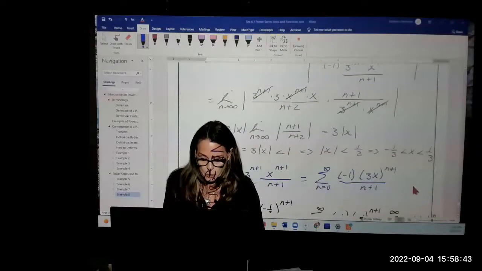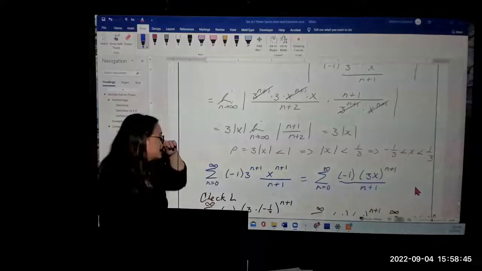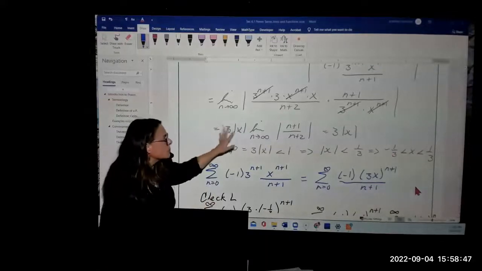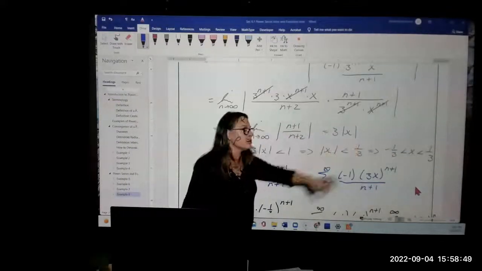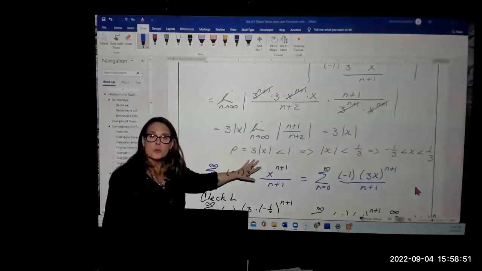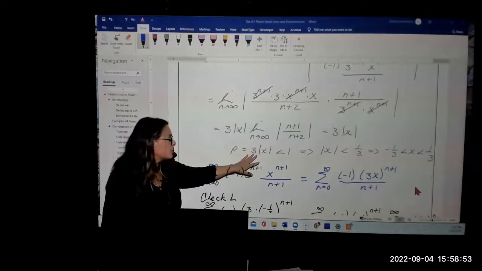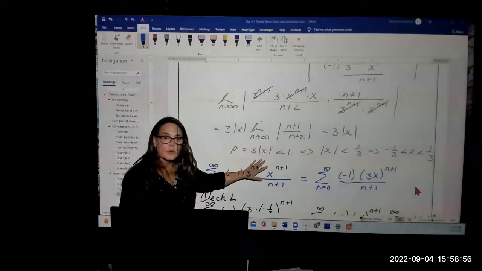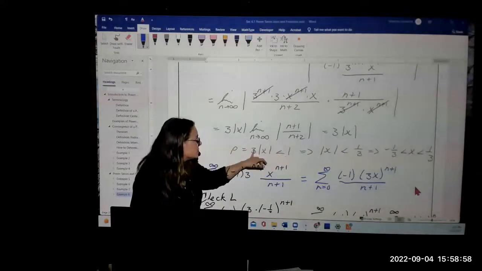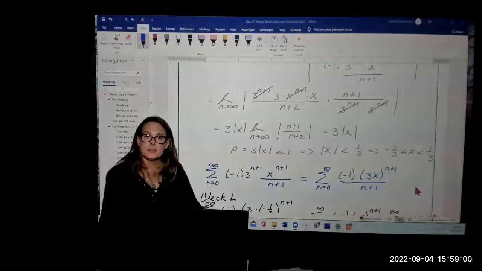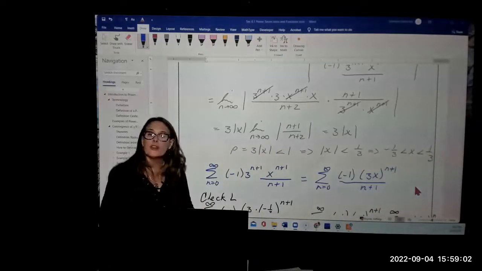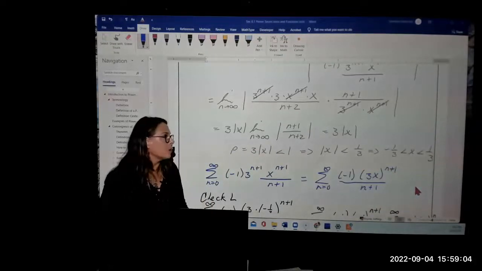Now, once you work that out, you should have ended up with rho equal to 3 times the magnitude of x, which we know will converge for the ratio test as long as the value of rho is less than 1. So we can divide by the 3, which gives us magnitude of x less than 1/3, or between -1/3 and 1/3.